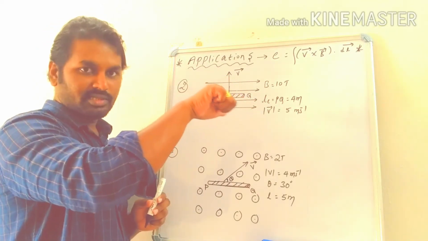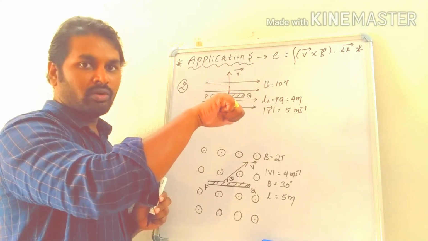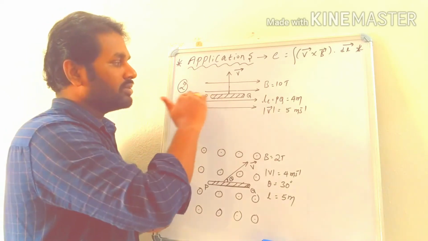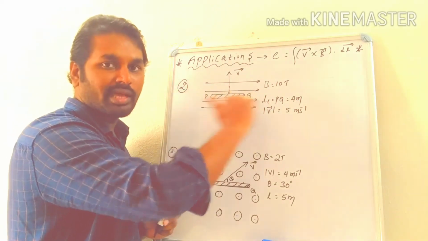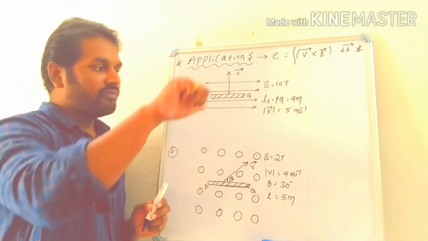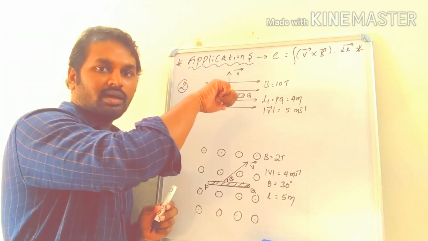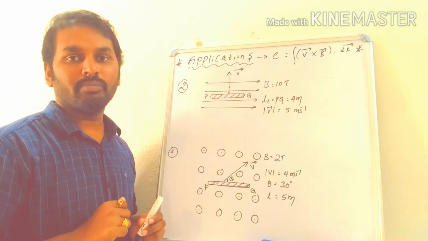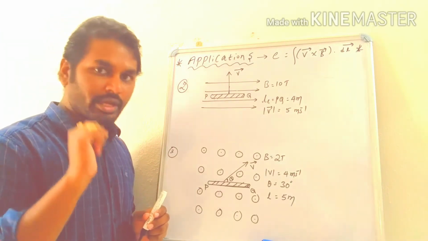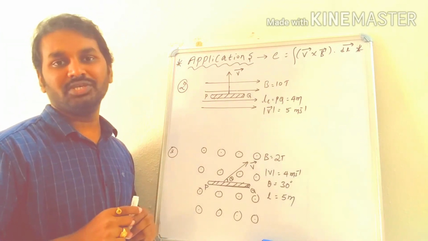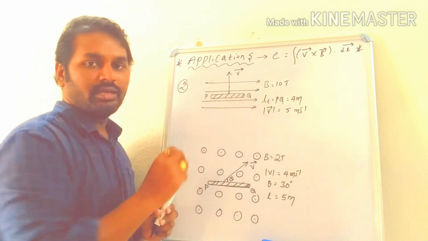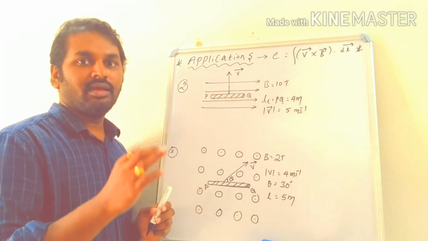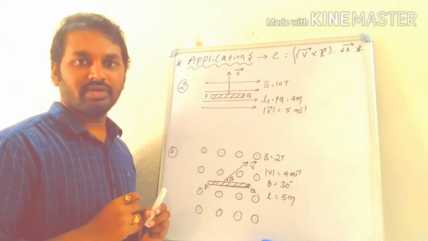So this z-axis is perpendicular to the length of the conductor, because the length of the conductor is set along the x-axis, and V cross B you are getting along the negative z-axis. These two vectors are perpendicular to each other. There you will get the result how much? 0. So no induced EMF will be created across the ends of the rod.